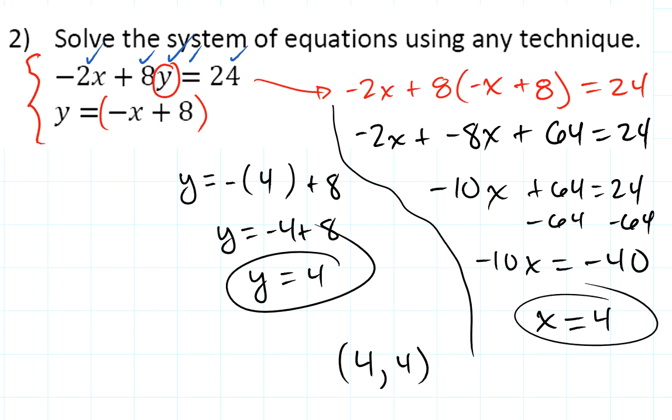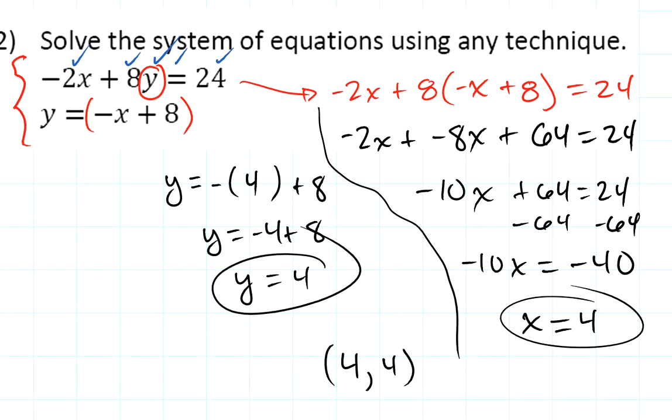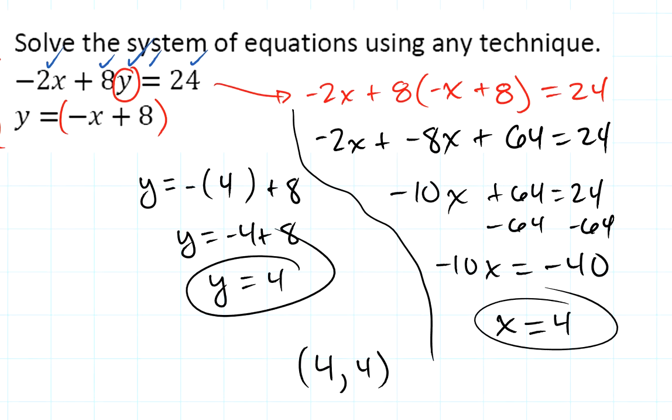Negative 2 times x plus 8 times y equals the number 24. I've set this up off camera here, and the other one is y equals negative x plus 8.